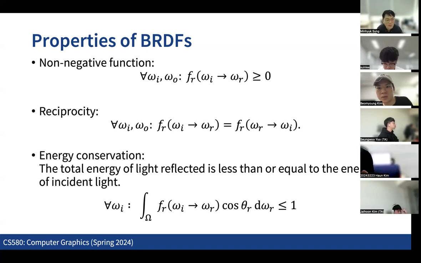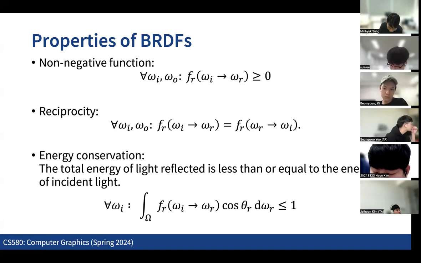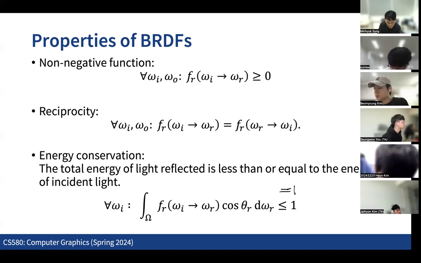Obviously, there will be the case that some portion of the power of the light was absorbed by the surface during the reflection. When this is exactly equal to 1, that's the case that we are conserving the energy without any absorption of the power of the light.